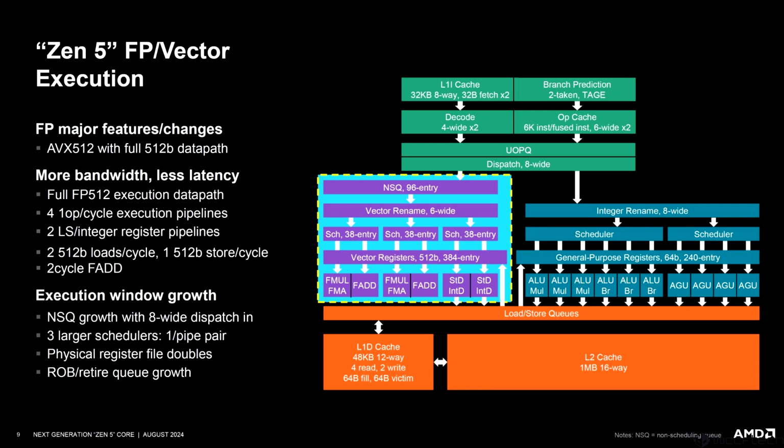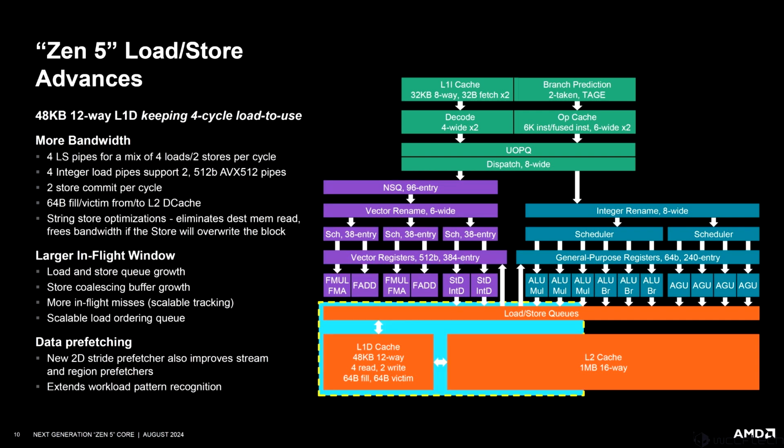AMD has also made major FP changes and added new features such as the aforementioned AVX 512 with full 512B data path. Zen 5 offers more bandwidth and less latency with 4 1-op/cycle execution pipelines, 2 LS, integer register pipelines, 2 512B loads per cycle, 1 512B store per cycle, and 2 cycle FADDs.